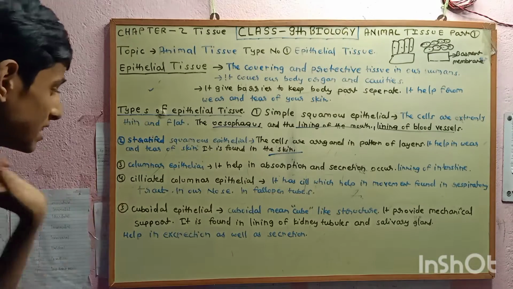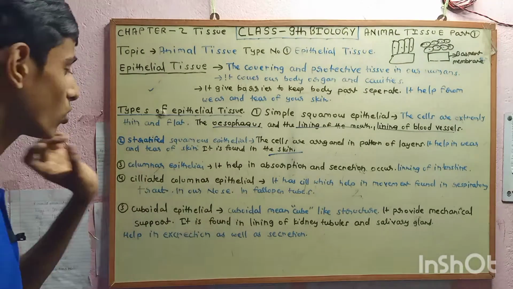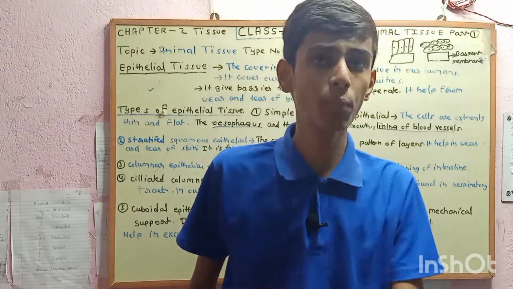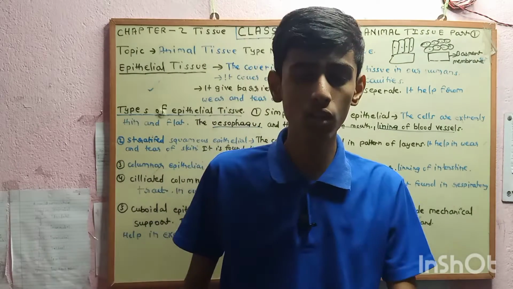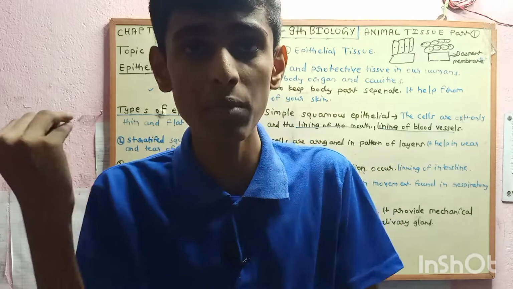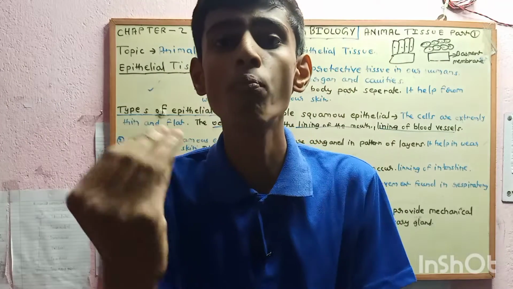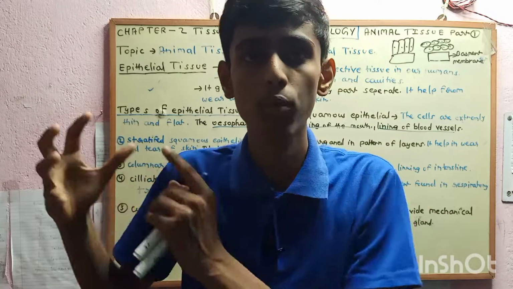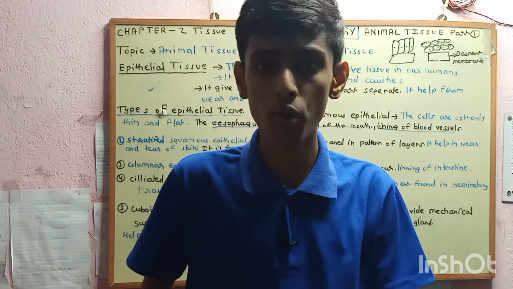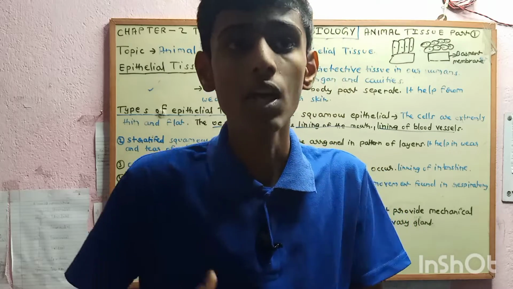So the fourth one is ciliated columnar epithelium. Here is columnar epithelium, and here is ciliated columnar epithelium. Most of you know about cilia, and some of you do not. Cilia help in the movement of an organism or of something. Among protozoans, one example is paramecium.